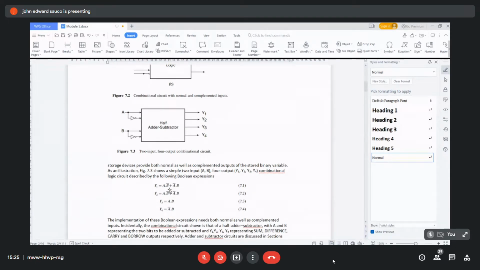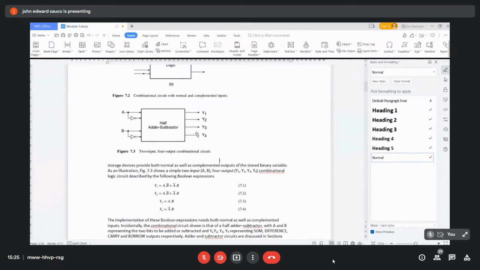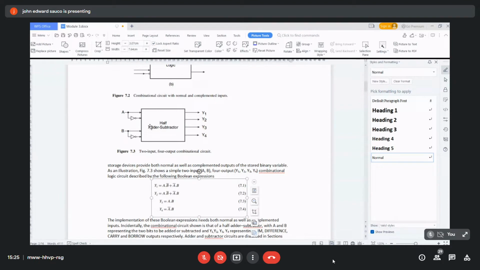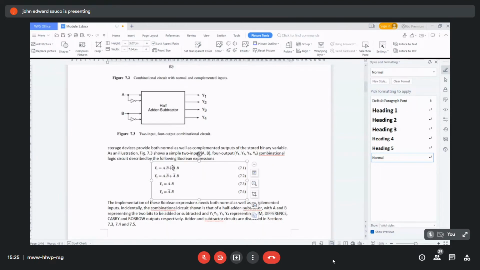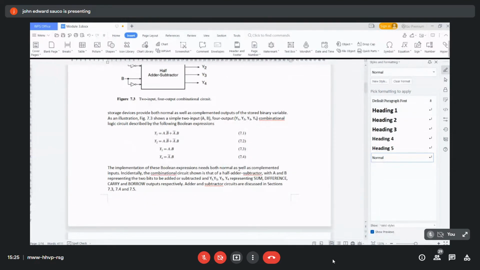So, based dito, ito yung kanyang combinational circuit described na Boolean expression. Ito, based dito sa figure na to. So, yung Y1 is ito, yung AB yan. Okay? So, this Boolean expression needs both normal as well as complemented inputs.